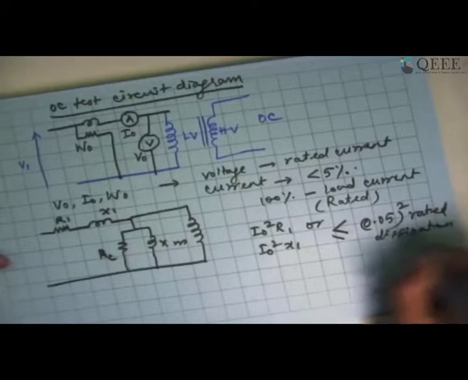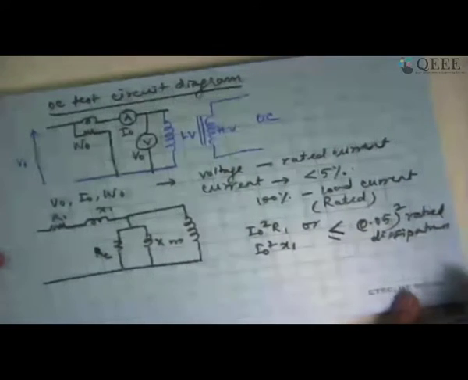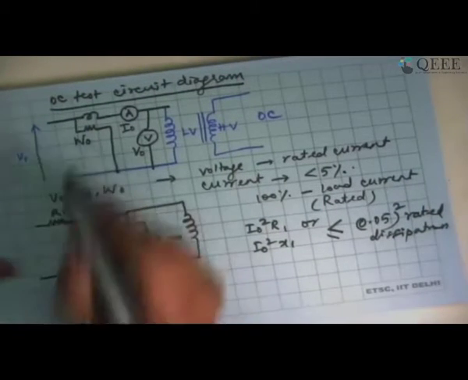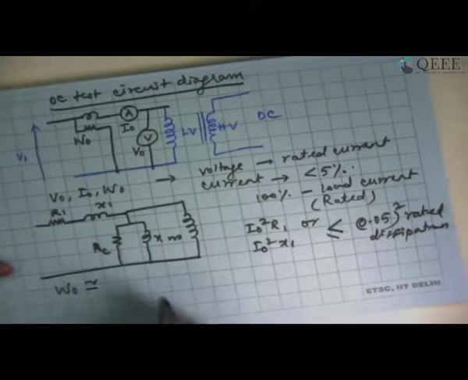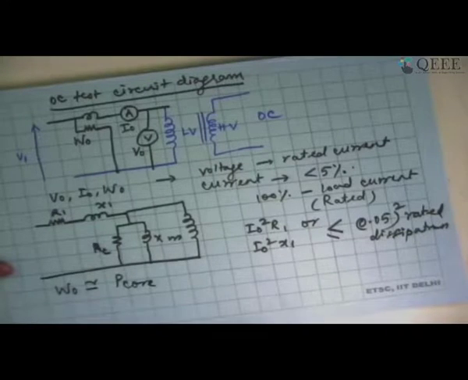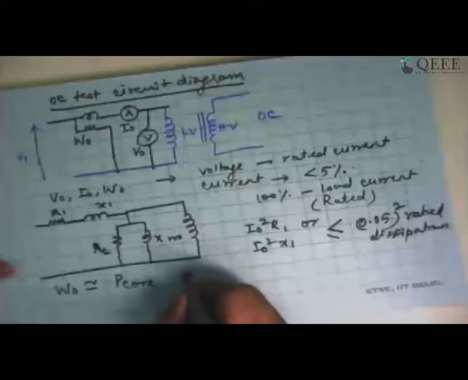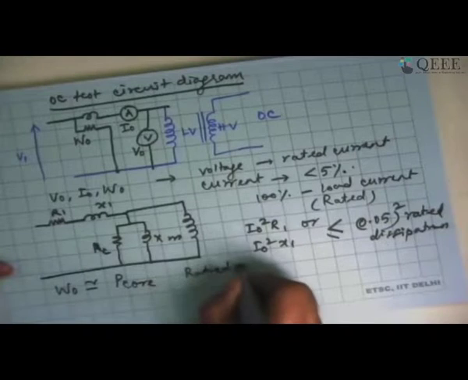Compared to rated dissipation, these are very, very small, because of which we can assume that W0 corresponds to only core losses, nothing else, because I have applied rated voltage at rated frequency.